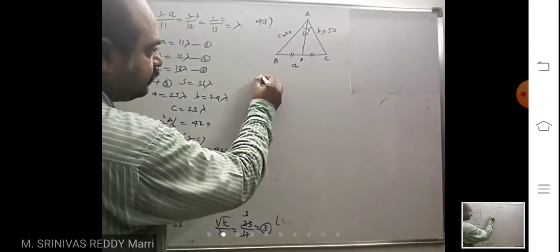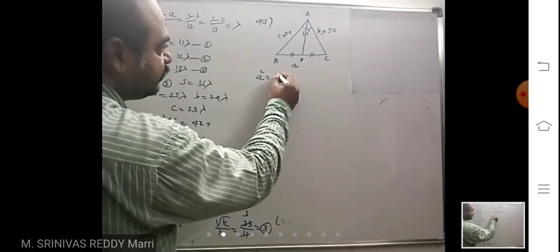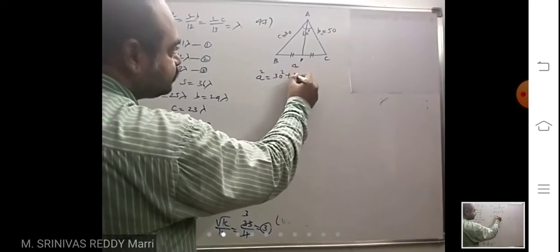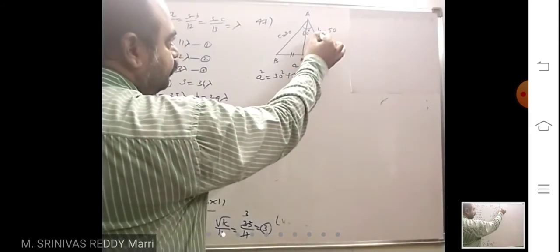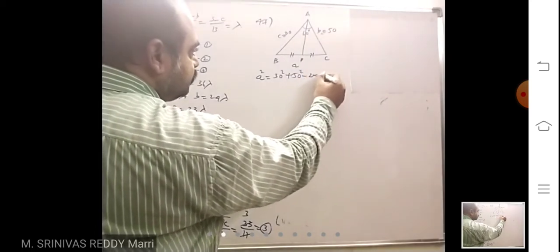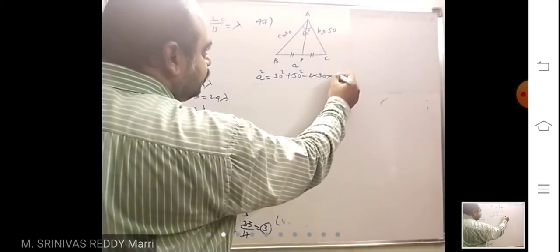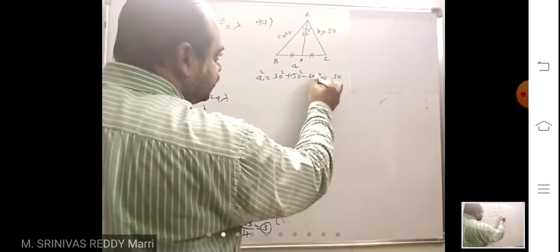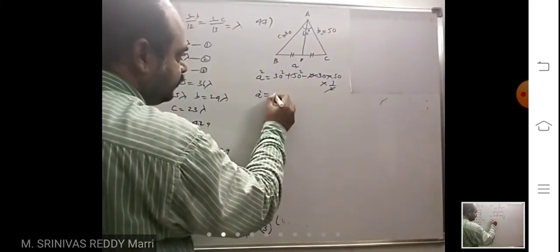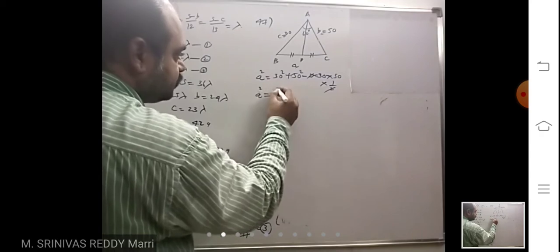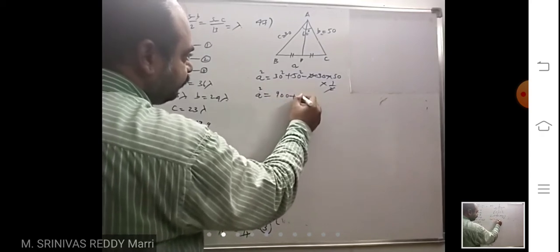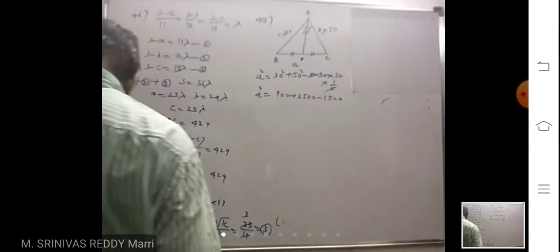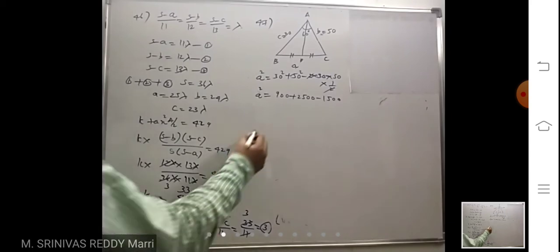Now by using the cosine rule, A square, the third side square, equals C square plus B square minus 2 into B into C into cos 60. Direct cosine rule. So therefore A square equals 30 square plus 50 square, so this is 900 plus 2500 minus 1500.